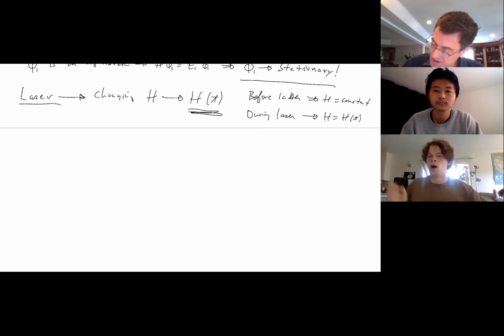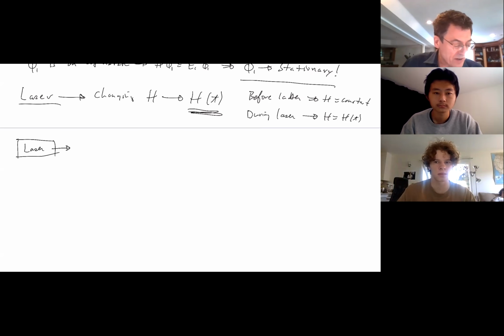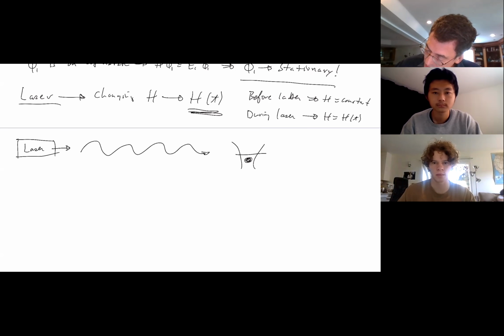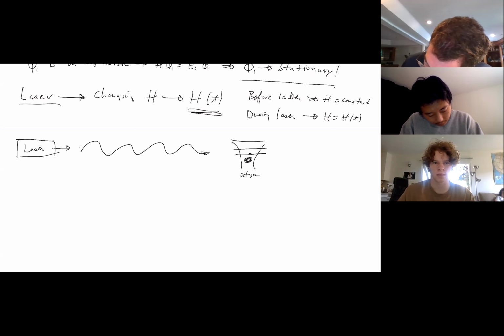And that makes sense, because if this is a laser sending out a light wave, then you guys know what a light wave is. Here's my atom with my energy levels. But what is a light wave? A light wave is this.